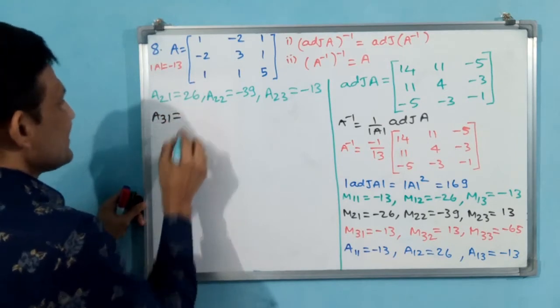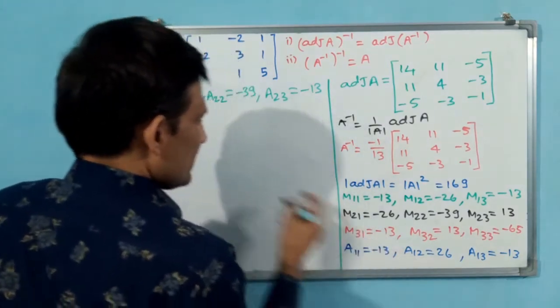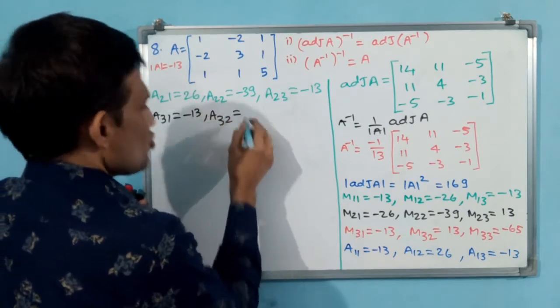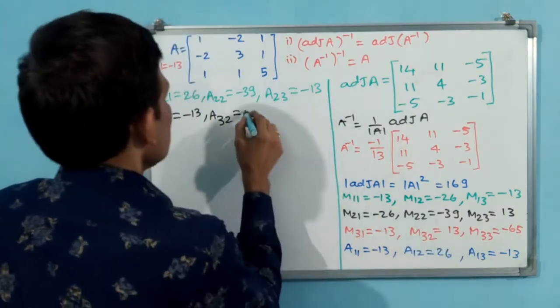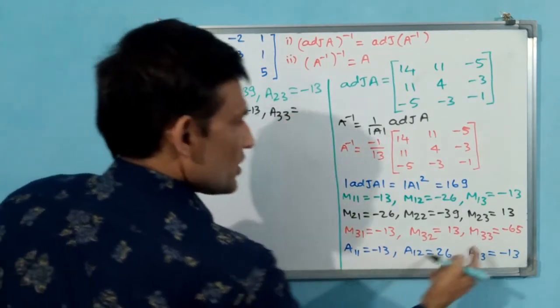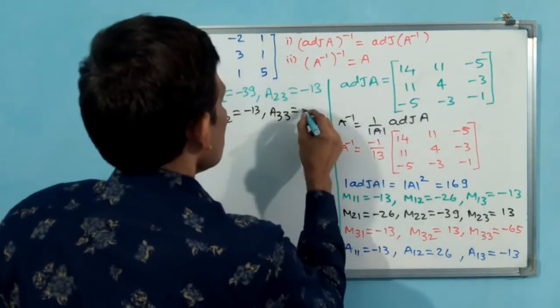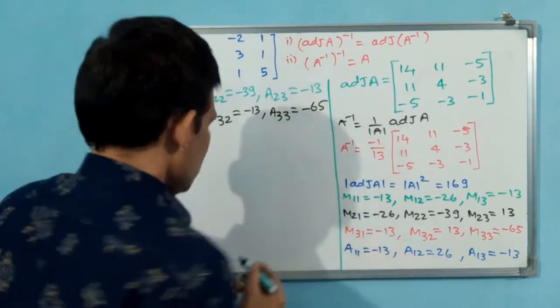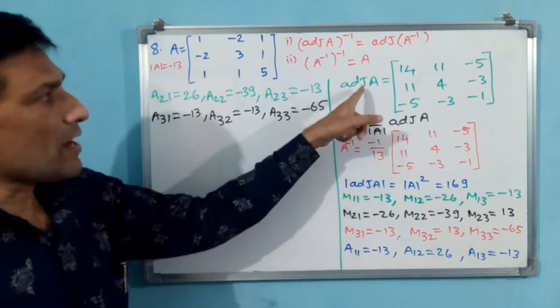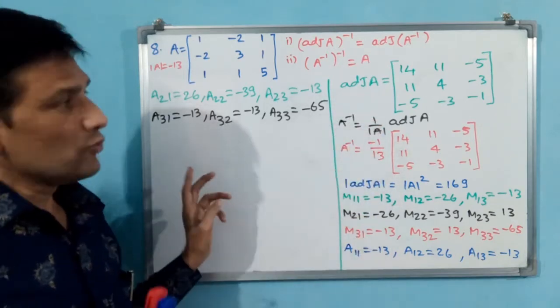A31, no change, minus 13. A32, change, minus 13. A33, no change, minus 65. Okay, now we have received the cofactors. These cofactors are the adjoint A cofactors. Keep that in your mind.